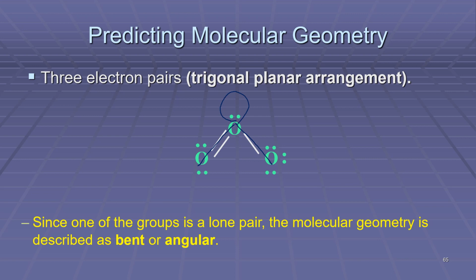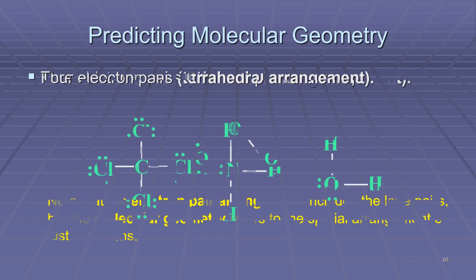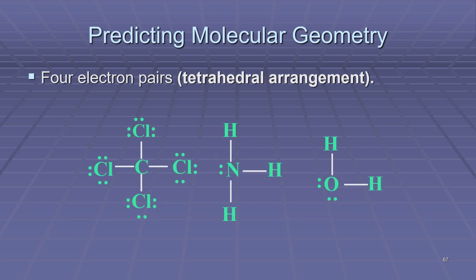But there's nothing attached up here, and so the overall molecular structure is bent. So the electron pair arrangement includes the lone pairs, but the molecular geometry does not include the lone pairs in the overall shape. All right, so let's look at 4 electron pairs.